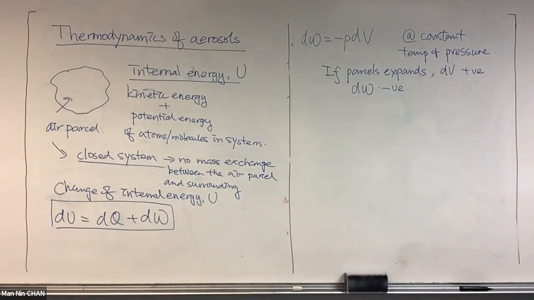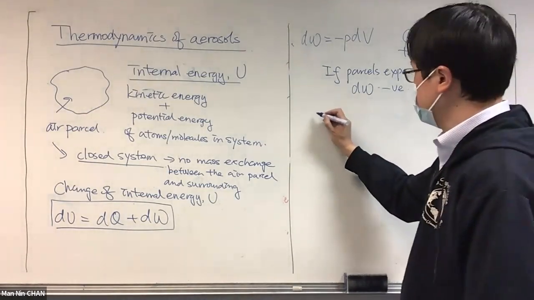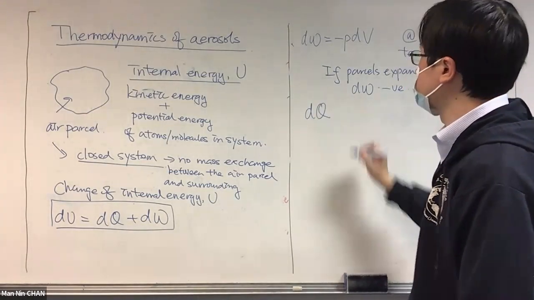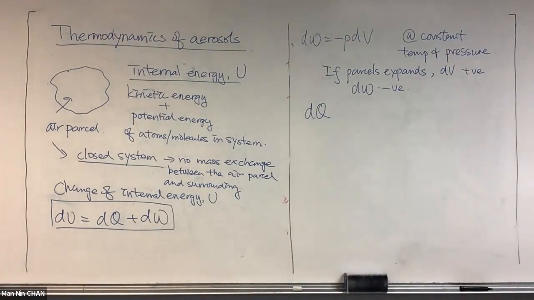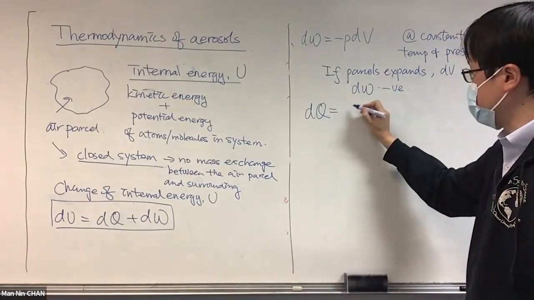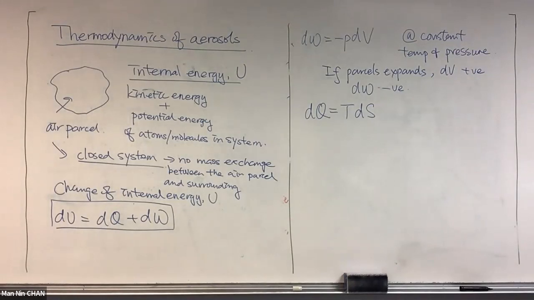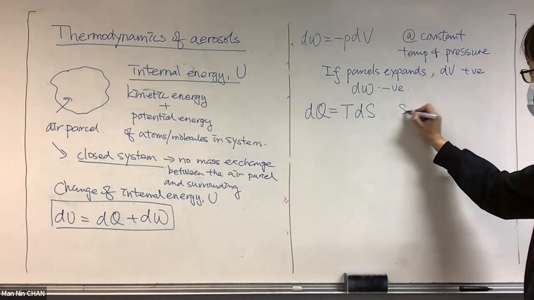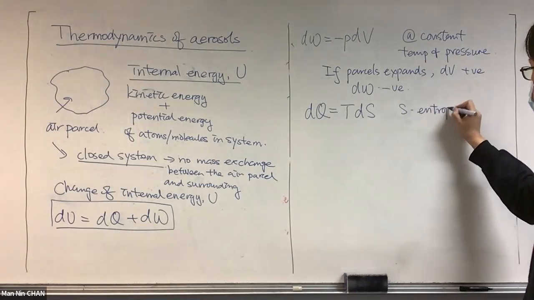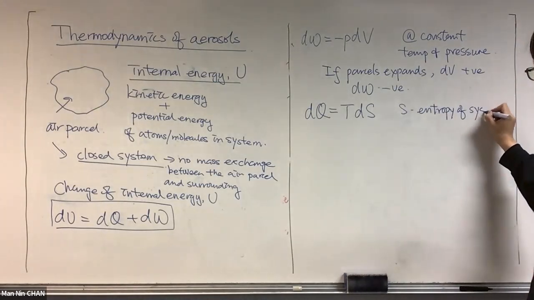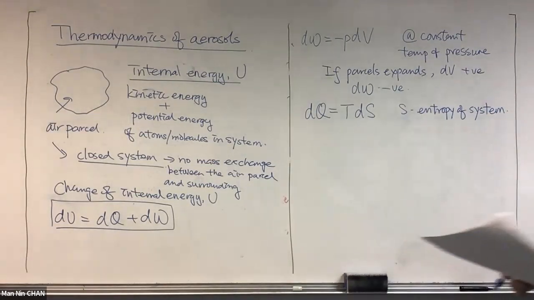You can also talk about dq, the heat flux. At constant temperature and pressure, it is T times dS. T is the temperature, and S is the entropy of your system.